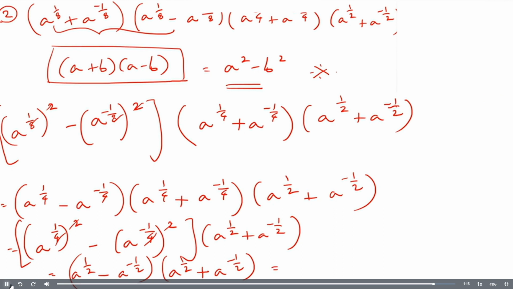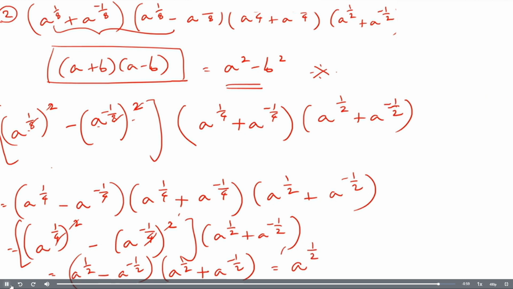A to the power half minus a to the power minus half into a to the power half plus a to the power minus half. Here a and b are a to the power half and a to the power minus half respectively, and it is equal to a square minus b square.